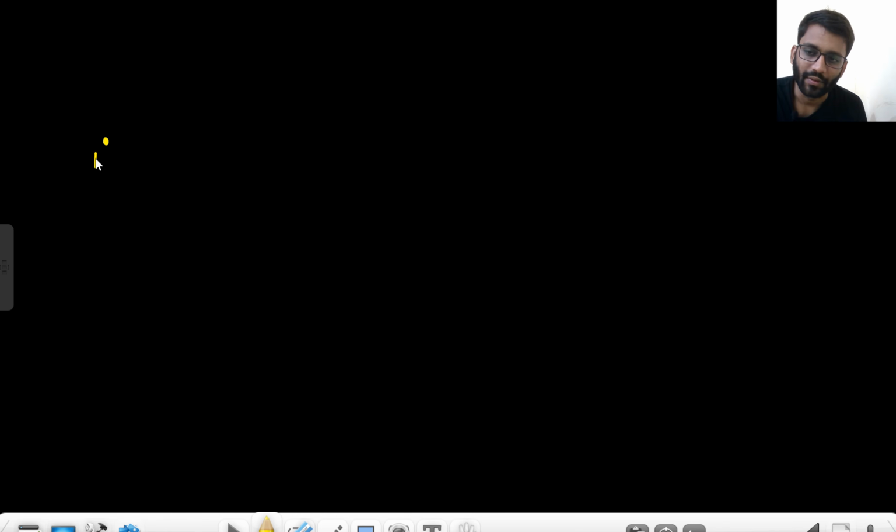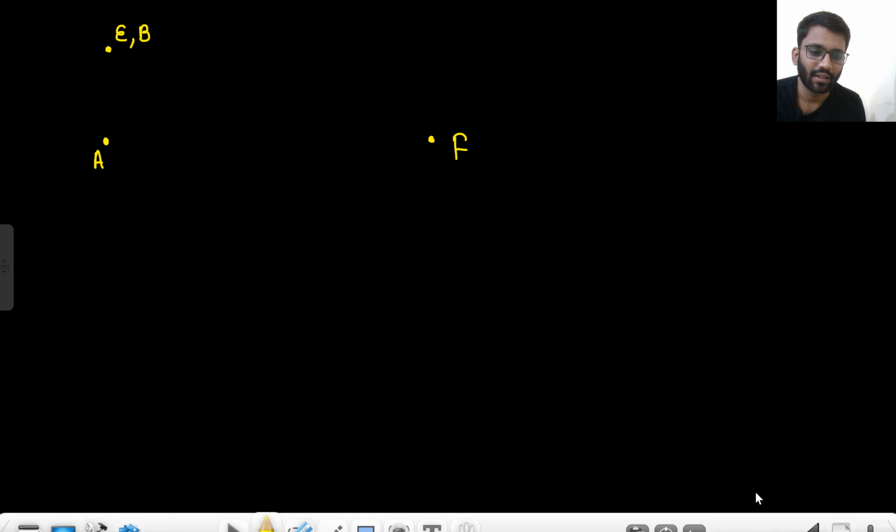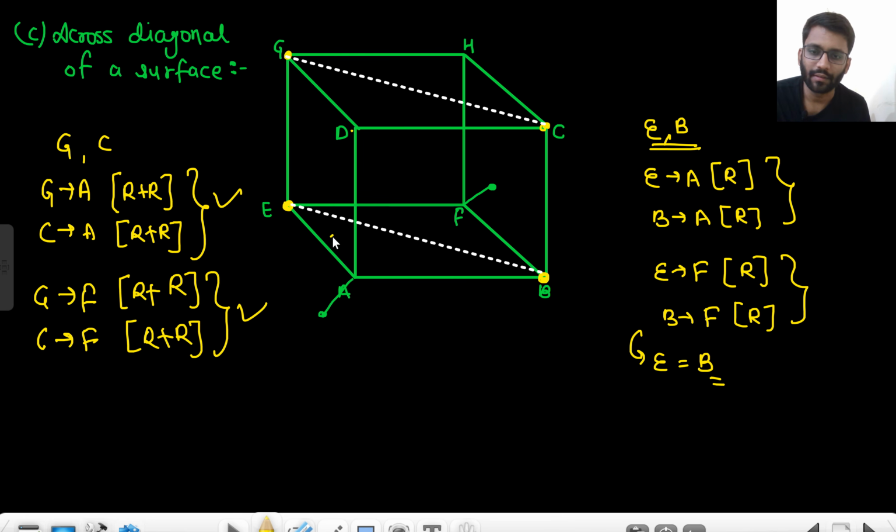Between A and F we are drawing. So from A to E, from A to B, R and R, 2R. Sorry, R by 2. These 2 are gone. From F to G there is no resistance. From H to C there is no resistance. From F to H there is a resistance.